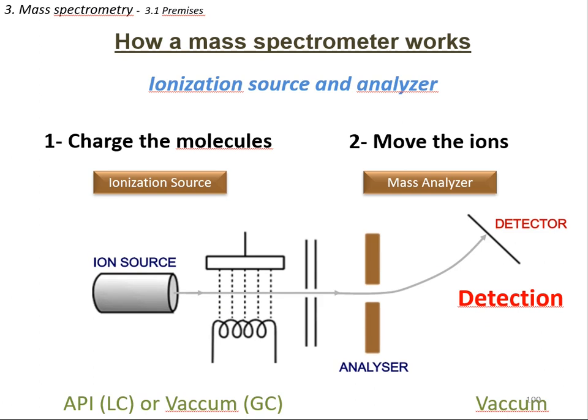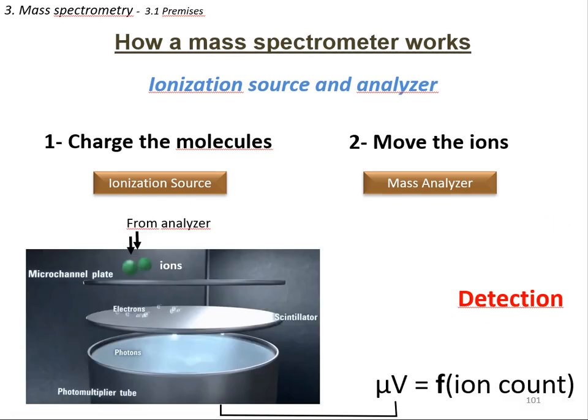First, let's talk about detection. The detection is just giving you the number of ions. It's a quantitative information. The detector doesn't give you any information about the mass or the identity of the molecule. It is just a machine counting the number of ions.